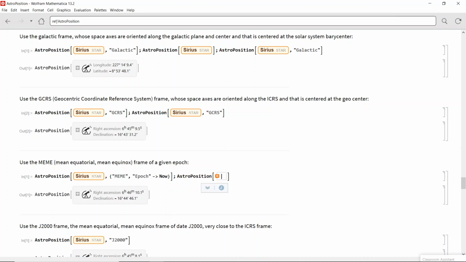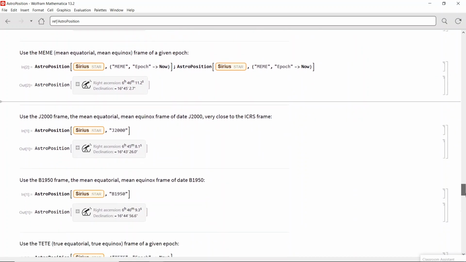AstroPosition Sirius, MEME, epoch now, 6 hours 46 minutes 11.2 seconds, -16 degrees 45 minutes 22.7 seconds.